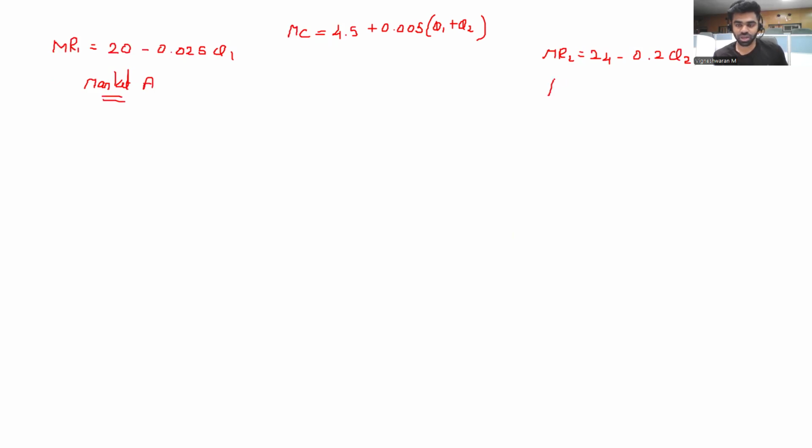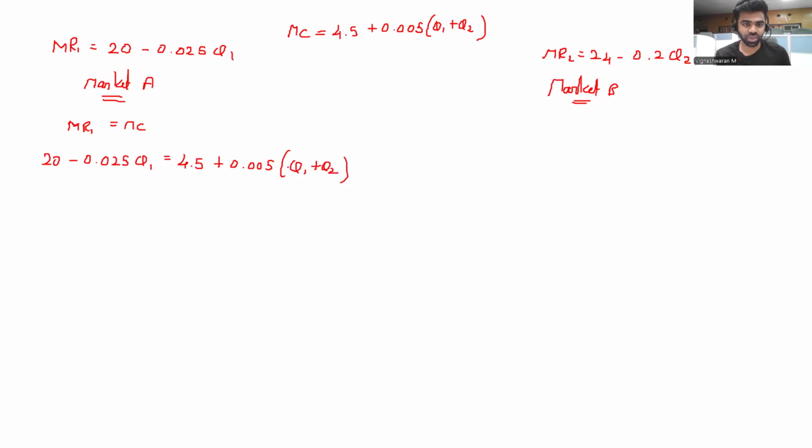So this is for market A. This is for market B. Okay. So for market A, MR1 is equal to MC. So that is 20 minus 0.025 Q1 is equal to 4.5 plus 0.005 into Q1 plus Q2.